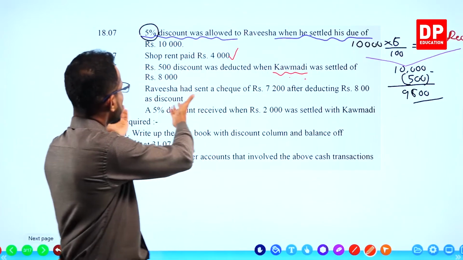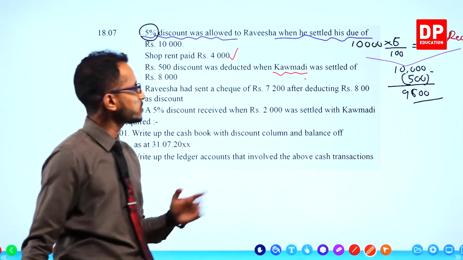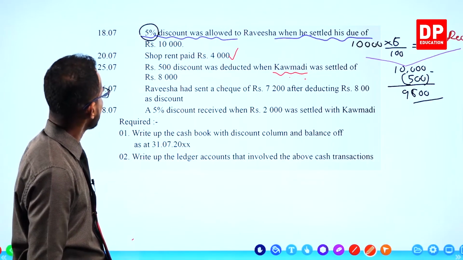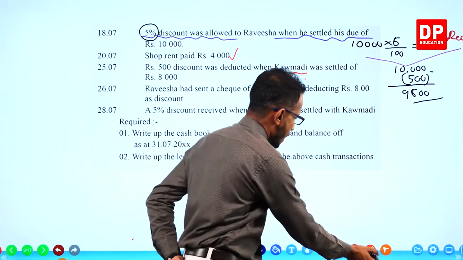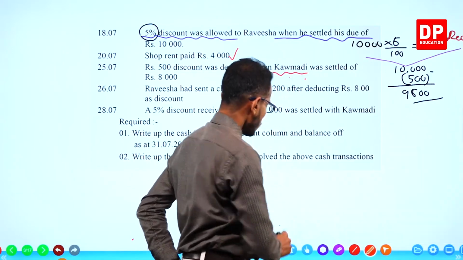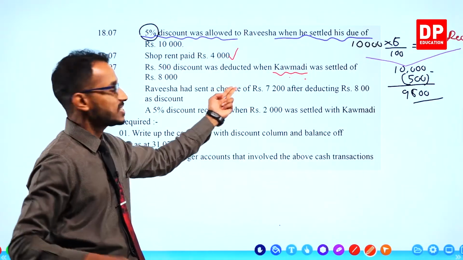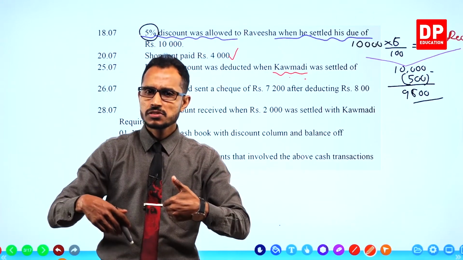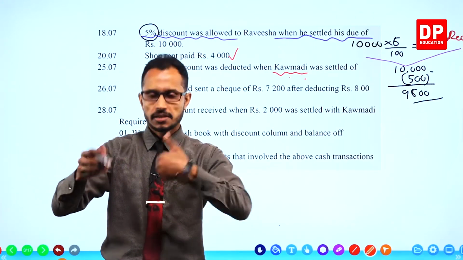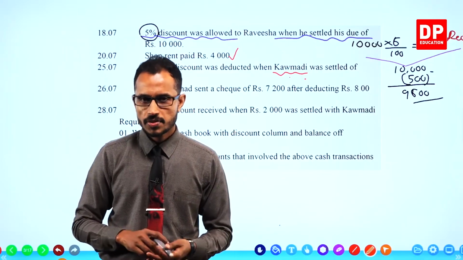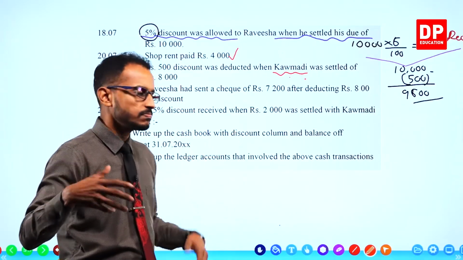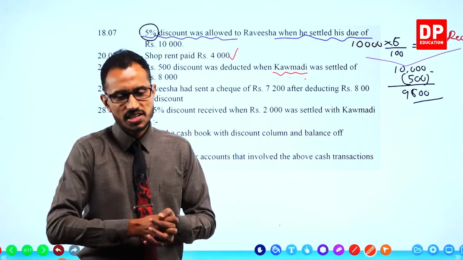Okay. Ravisha had sent a check of 7,200 after deducting 800 as discount. We'll do that quickly. Ravisha had sent a check. That means we are getting a check. A check is treated in the same way cash is treated. It's just like currency.